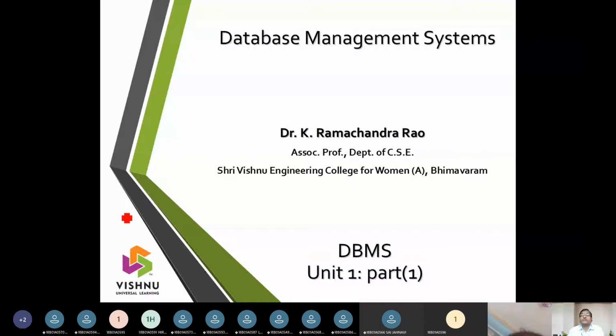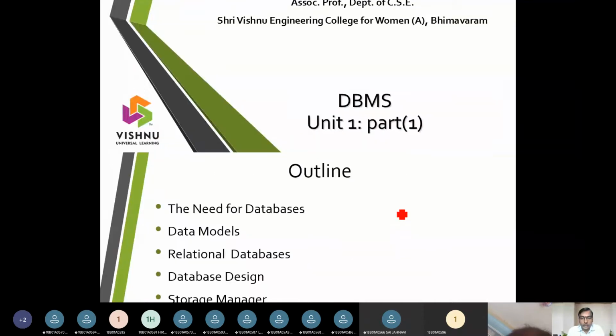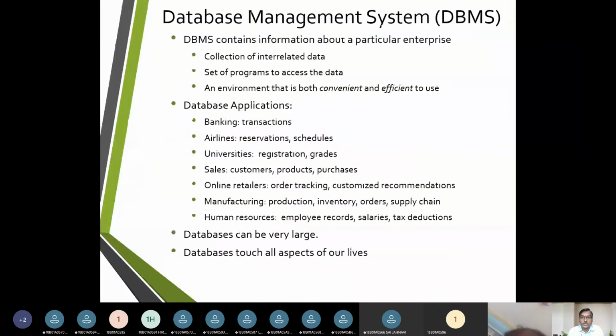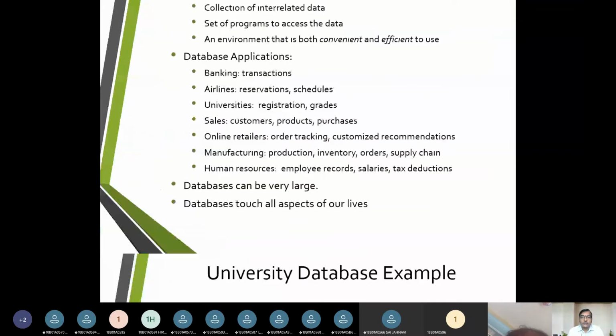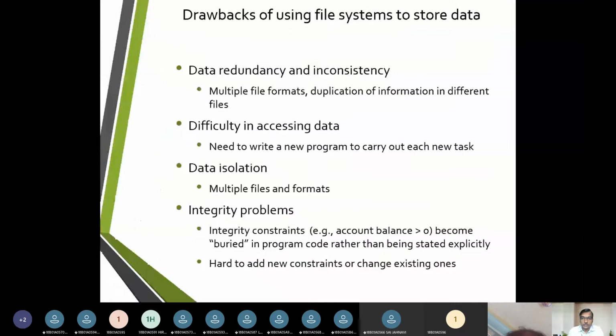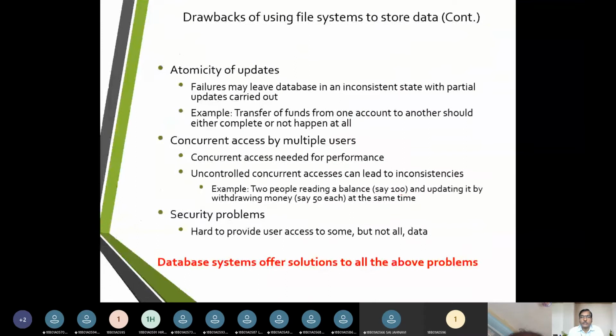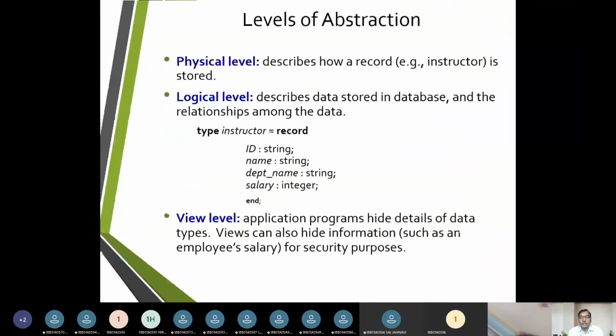We talked about the outline: database management definitions, examples, and some of the drawbacks between the file system and storage. Thereby, we talked about levels of abstraction.